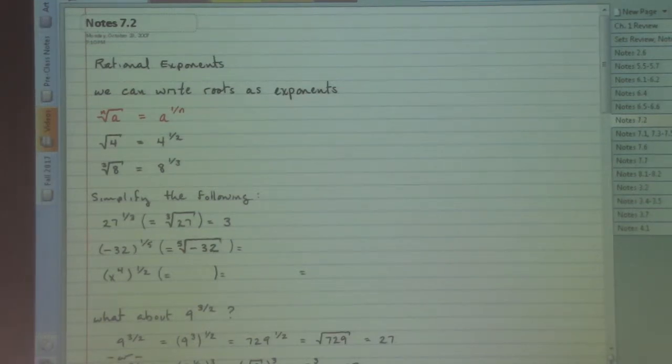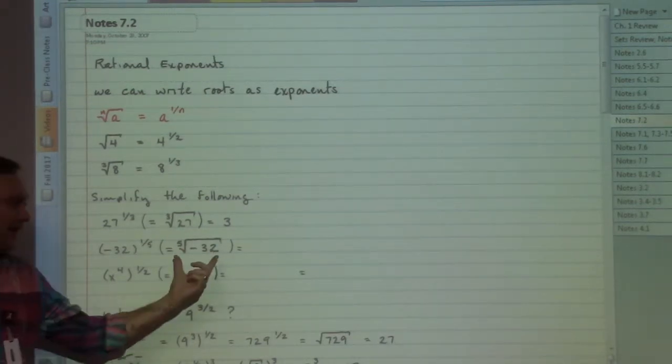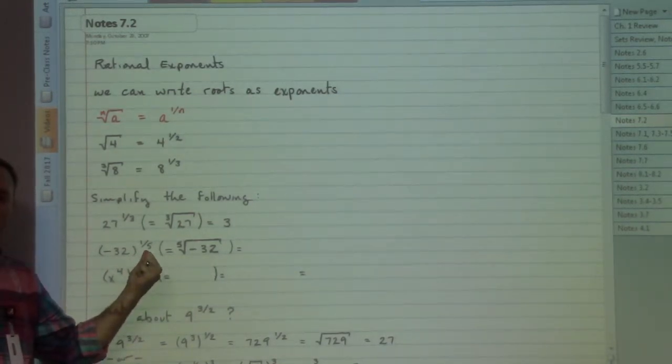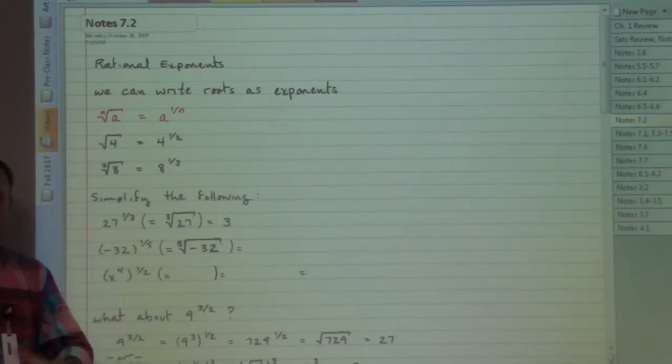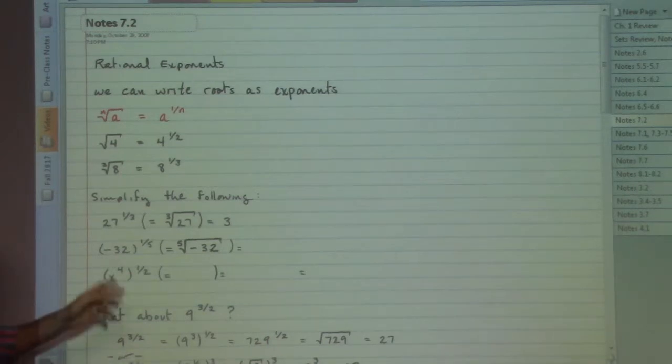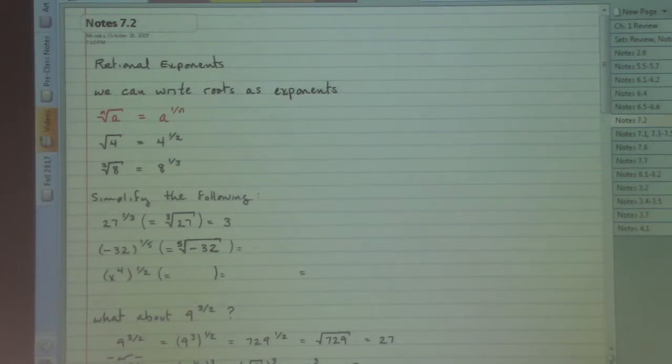Now, while we might be able to type something like a fifth root into our calculators, we definitely can type in a power of 1/5. So this gives us a nice way of more directly with our calculator trying to bang out a simplified version of that kind of expression, to give us a -2.